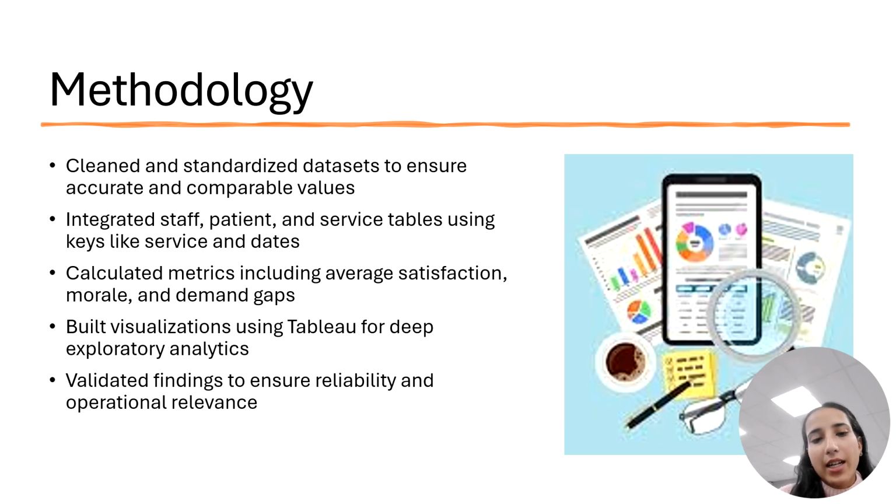From this combined dataset, we calculated key metrics including average satisfaction levels, morale scores, and the difference between patient demand and available bed capacity. All the visualizations were created in Tableau, which allowed for deeper analysis throughout the process. The results were checked for reliability to ensure that the insights were meaningful for real-world hospital operations.